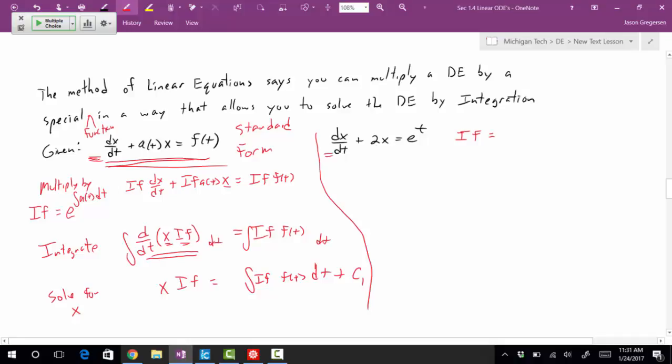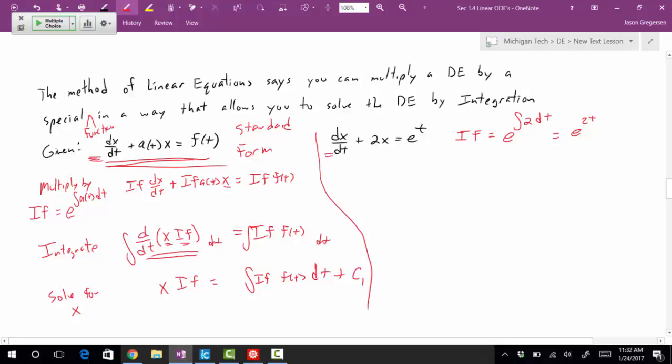Wonderful. Plus something times x. Okay, I got my x there. Great. So what is my a of t piece then? Just 2, not 2x. I just want the coefficient of the x term here. So it's just 2. So my integrating factor is e raised to the integral of 2 dt. My integrating factor must be e to the 2t.